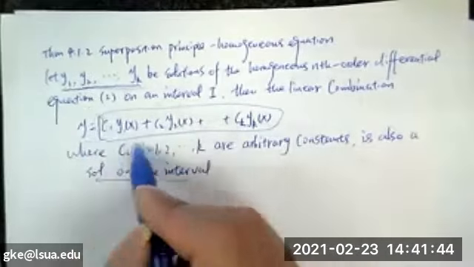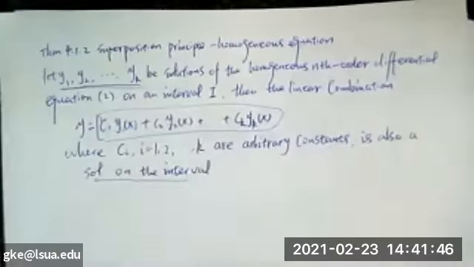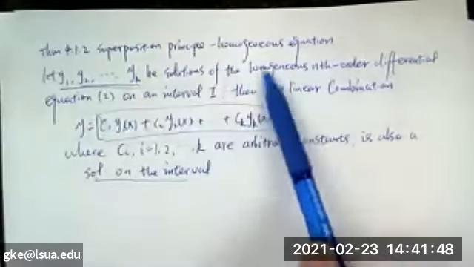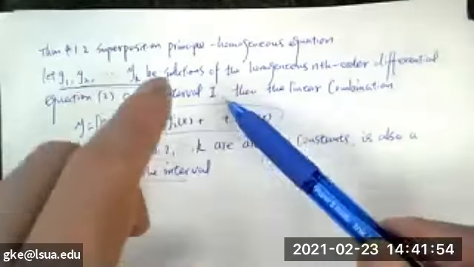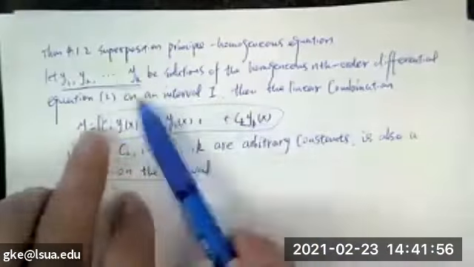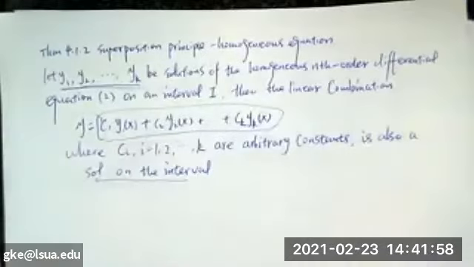This is another solution for this homogeneous equation. So if you find k solutions and use their linear combination, that's a new solution for this homogeneous equation.